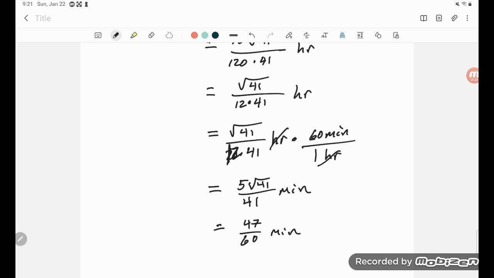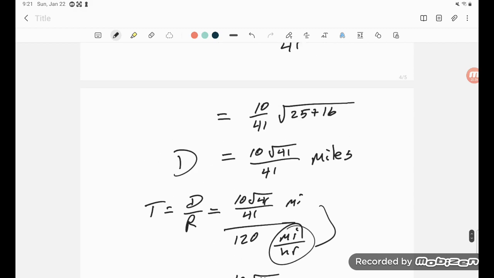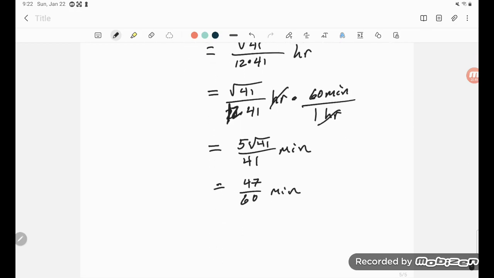And that looks about right to me, right? Because I said a little less than a minute. And back here, where I said it looks like about 1.5 miles, they said it was actually 1.562. Okay. So there we go. You know, there's an application.